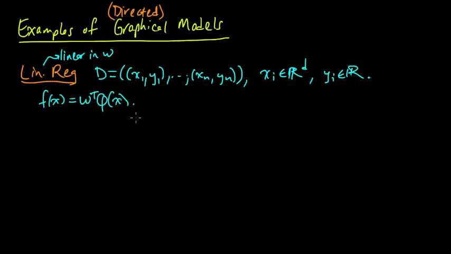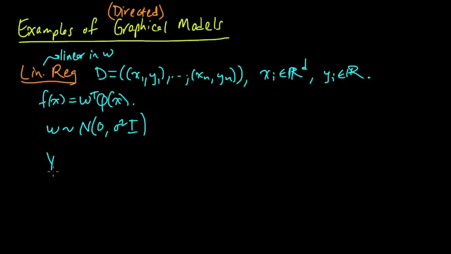And the model that we used was, to be precise, for the Bayesian linear regression. So the generative model is: the weight vector w was normally distributed with mean vector 0 and variance sigma 0 squared times the identity matrix.